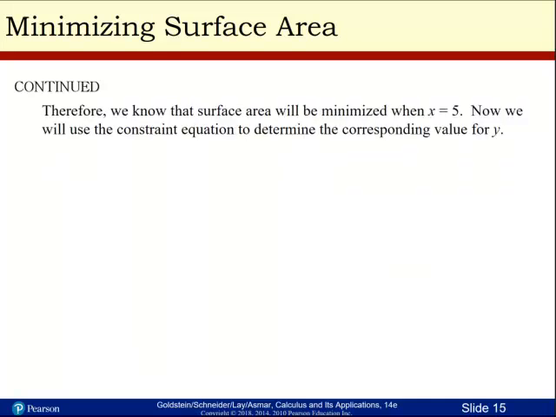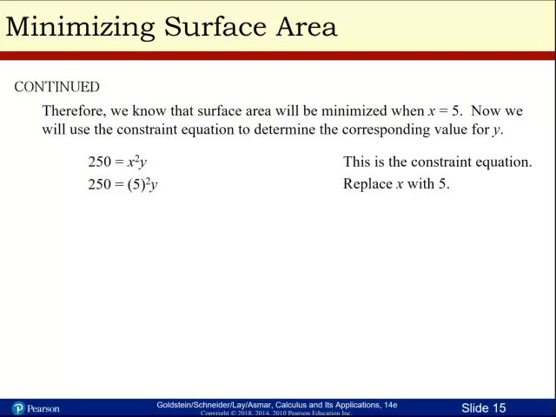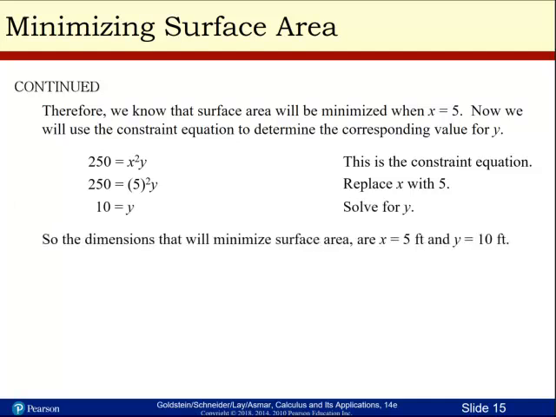Therefore, we know that the surface area will be minimized when x equals 5, right there exactly on the nose. Now we will use the constraint equation to determine the corresponding value of y. So we write down our constraint equation, plug in a 5 for x, and we find that y equals 10. So the dimensions that will minimize surface area are x equals 5 feet and y equals 10 feet.